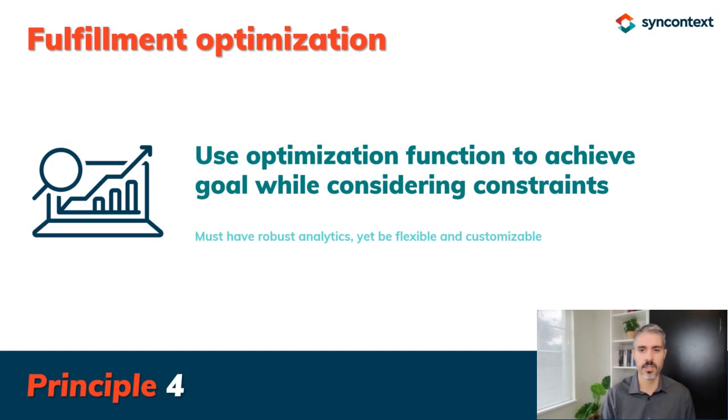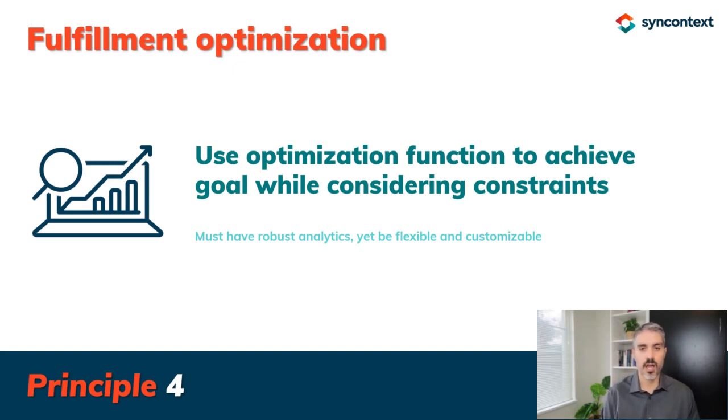This is very important because you need to make sure that not only do you capture all your functions and understand the resources needed to handle them, but now you need a function that is going to recommend something potentially different from what you're doing today, and that is going to achieve that objective. More importantly, that is going to consider the constraints. That is going to be realistic, something that you can apply to your operation.